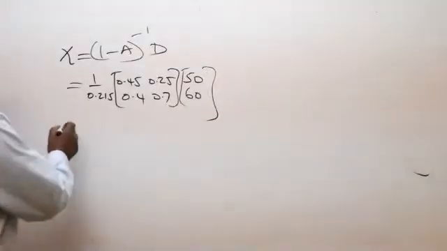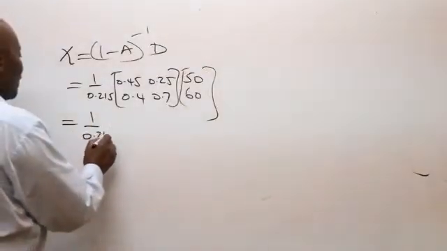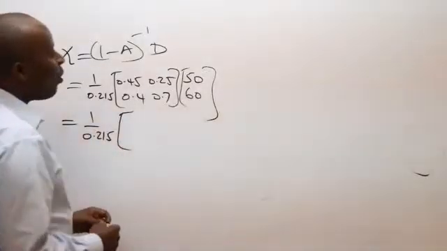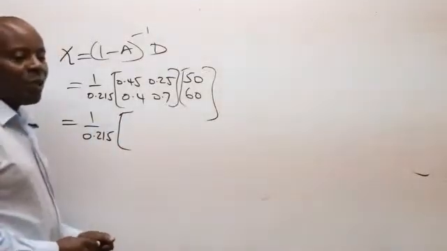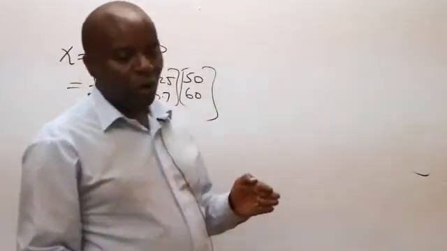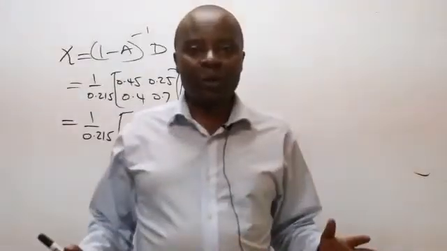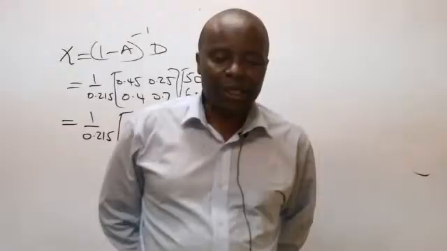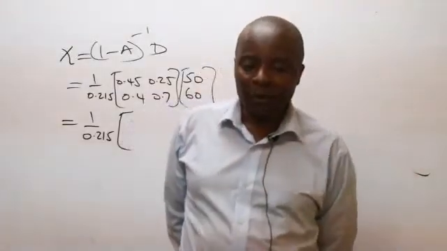The scalar will be left outside. So we have here 1 over 0.215 into the multiplication of our matrices. Is there anybody who can remind us the major concept of matrix multiplication? When somebody says multiply two matrices, what comes to your mind?